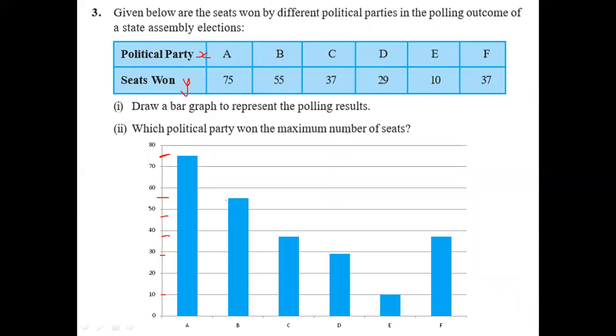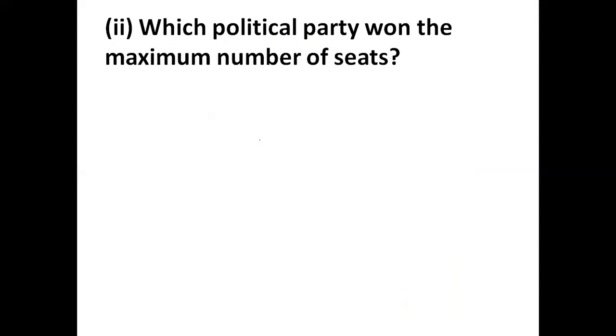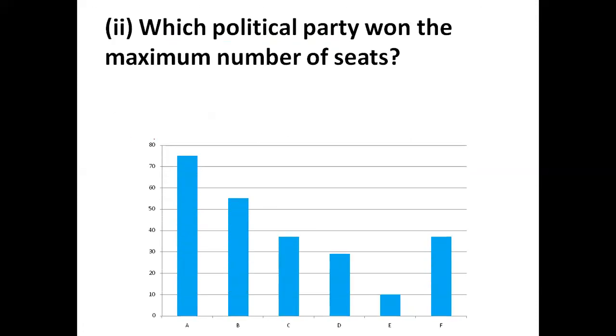Which political party won the maximum number of seats? We can say that political party A has won the maximum number of seats. So this was all about the bar graph.